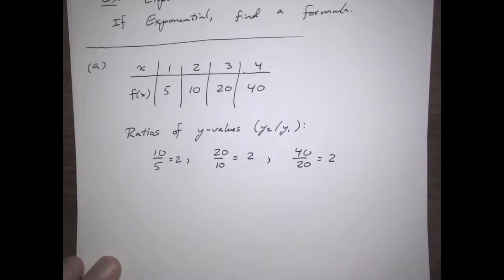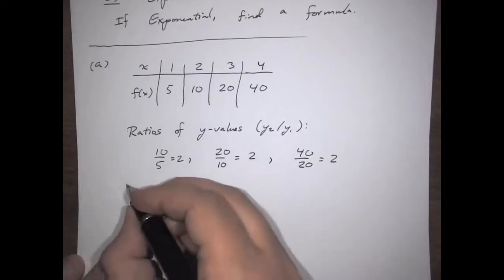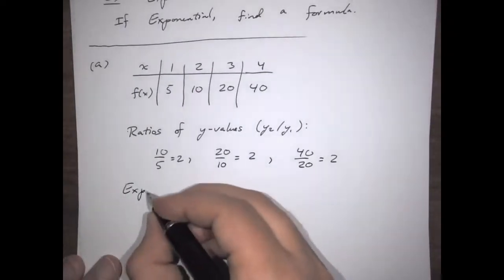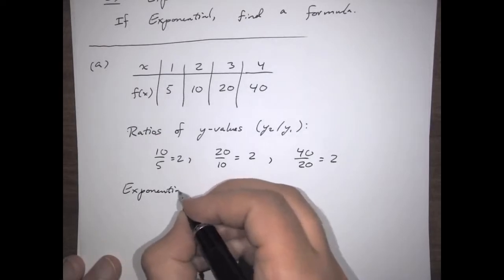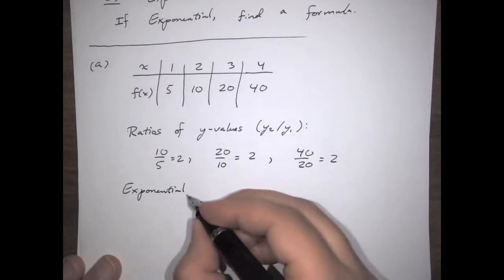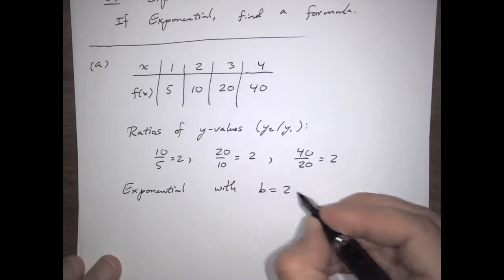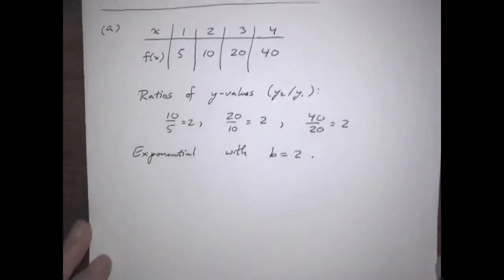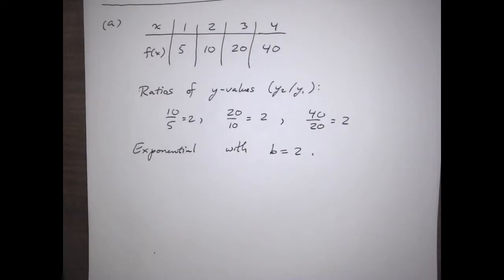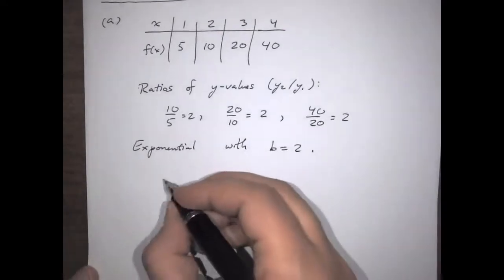And because they're all the same, that means it's exponential, and in particular, it's exponential with a b value of 2. So that's half the formula right there.